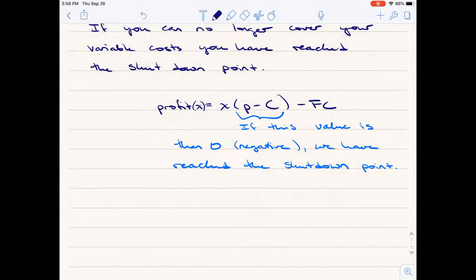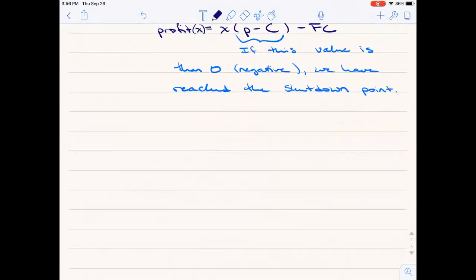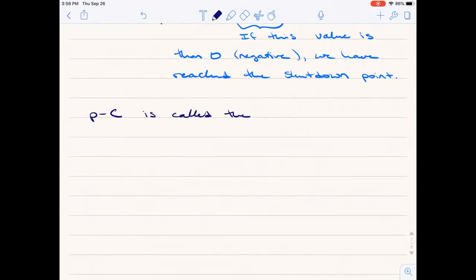P minus C is called the contribution margin, right? How much is each sale contributing to your profit, right? That's the contribution margin. And so P minus C is called the contribution margin.